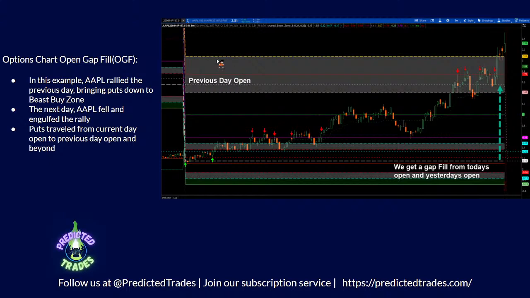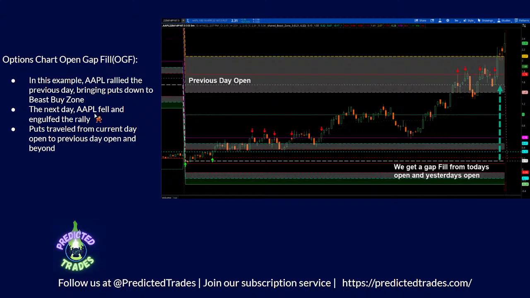It was up here in our destination sell zone. So overall on this chart for this given day, we take a long at our buy zone. The overall target we're reaching for is that previous day's open, so that this option can fill the gap from today's open back to yesterday's open.